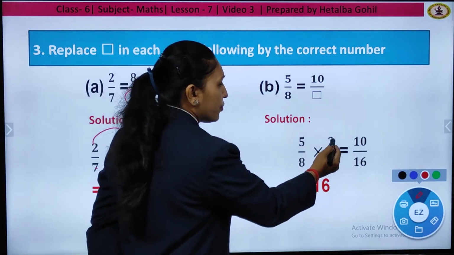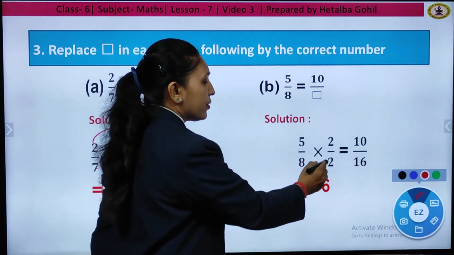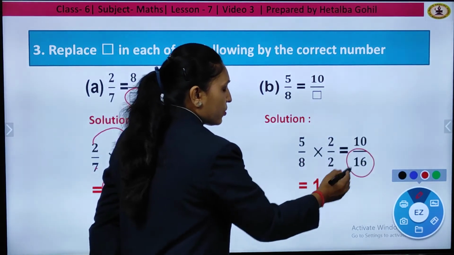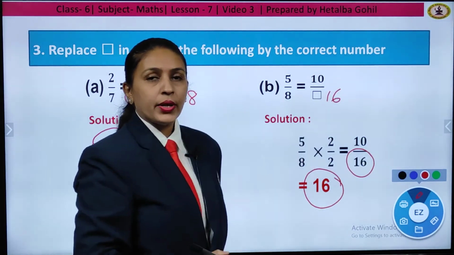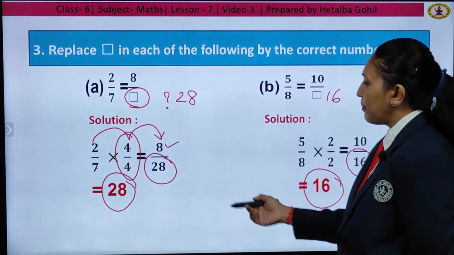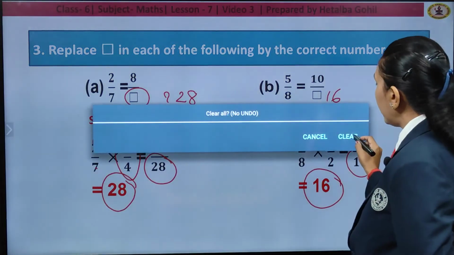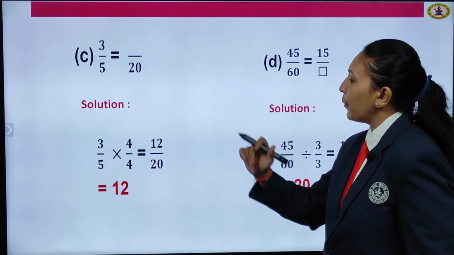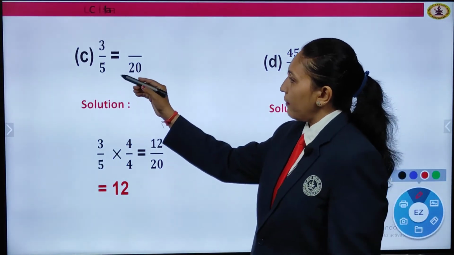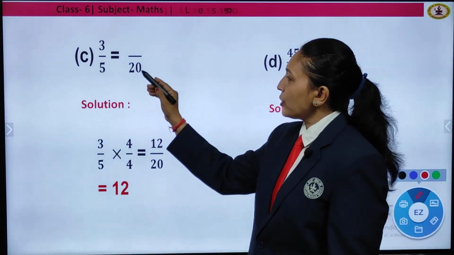So 5 into 2, I get 10, 8 into 2, I will get 16. So what is our required denominator children here? 16. So you can see we have multiplied the same number to the numerator and the denominator to get another equivalent fraction.